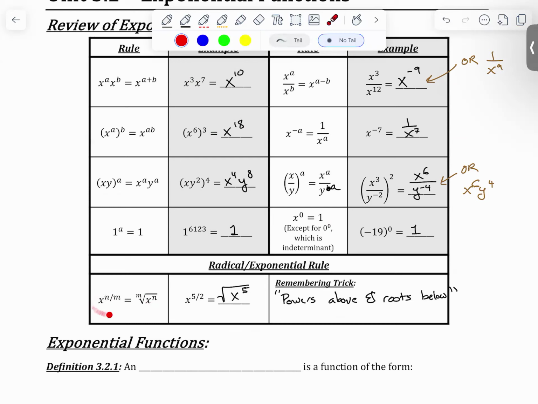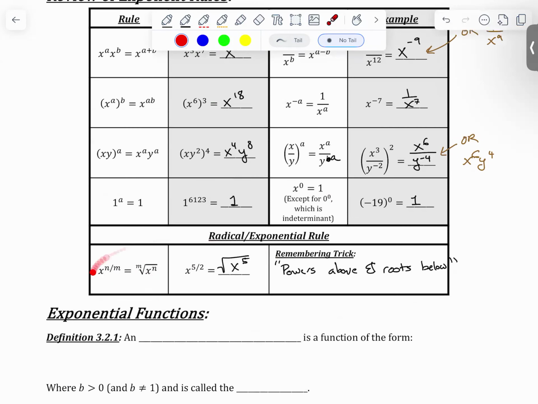So if you're going from one way or the other, you can utilize that fact. The mnemonic device is like the old saying of the powers above us, right? Whether you believe in God or not, regardless, the powers above us, whatever it may be, and then roots grow below us. Trees' roots grow below us. So that's a nice little nifty remembering trick. This will be used a lot in calculus, and we'll use it a little bit here too.